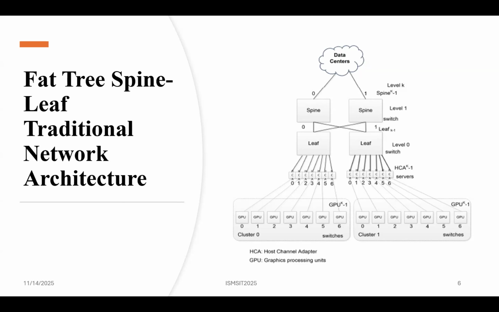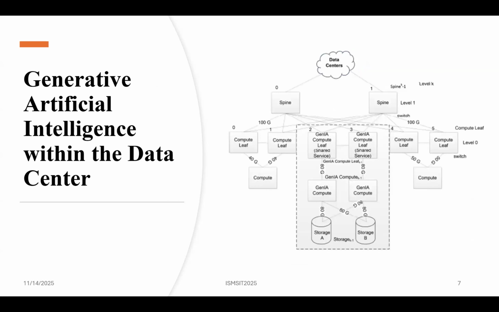Basically, this is the scheme of the traditional spine-leaf network architecture in the data center. The idea is to take this traditional architecture and incorporate the generative intelligence component into the data center.